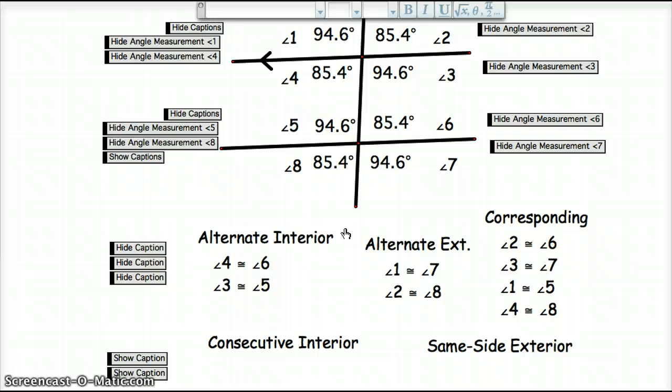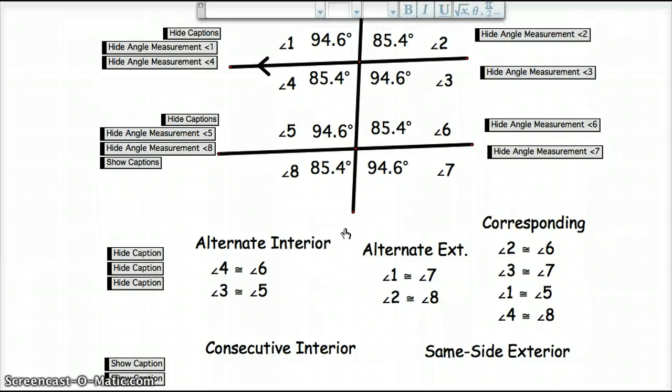Okay, now let's look at the same figure, and let's talk about our consecutive interior angles. So our consecutive interior, again, interior inside the parallel lines, 3, 4, 5, 6. These are consecutive, one right after the other. What can you tell me about the consecutive interior angles?